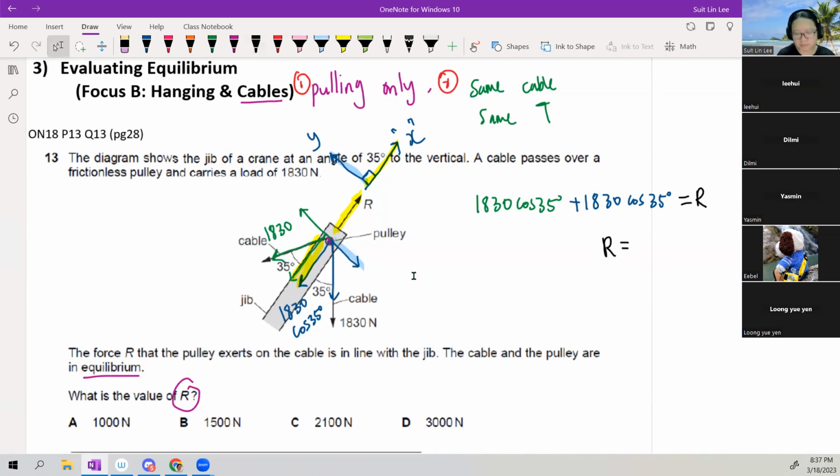Press calculator. So this would be approximately 3000 Newton. Of course, another way to solve this is to draw your diagram of forces. So maybe I'll pull this arrow here, I'll pull this arrow here.